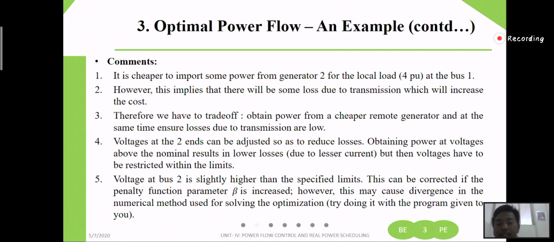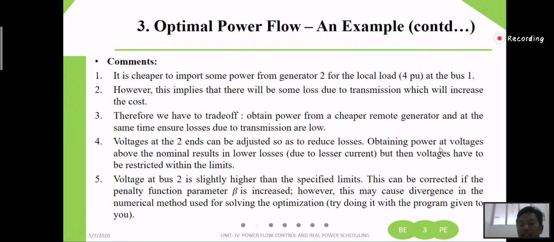Okay, and then voltages at the two ends can be adjusted so as to reduce the losses. So when we obtain the power from bus 2, there are losses. Now this can be adjusted by adjusting the voltage at the two buses, and reduce the losses.